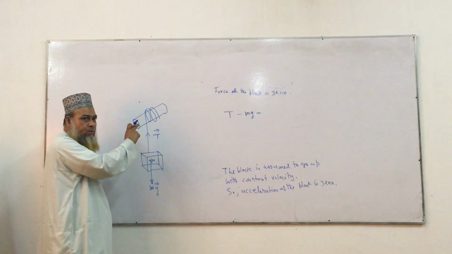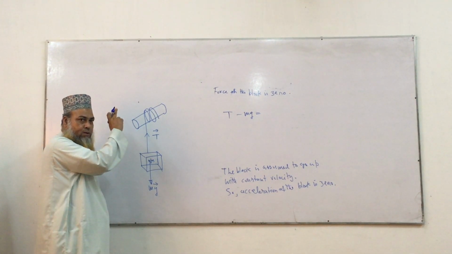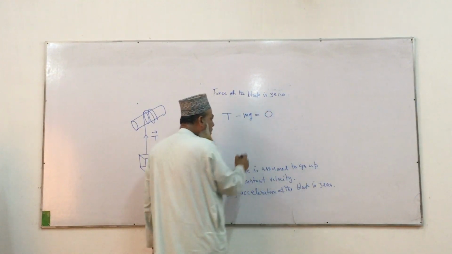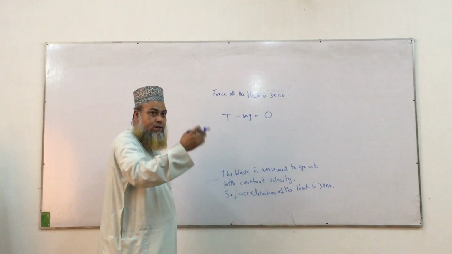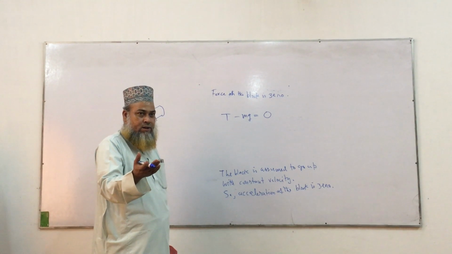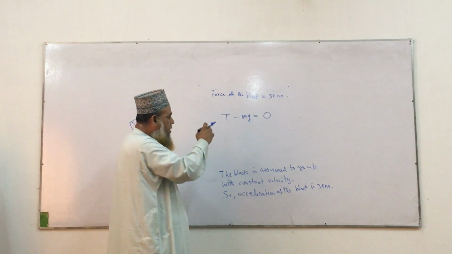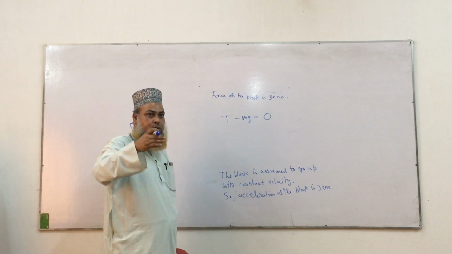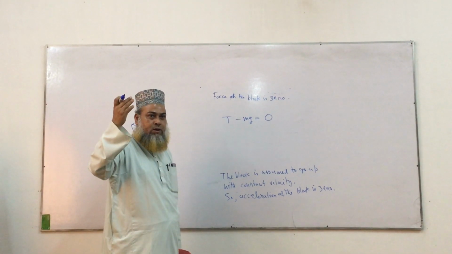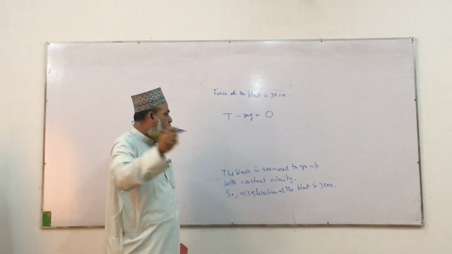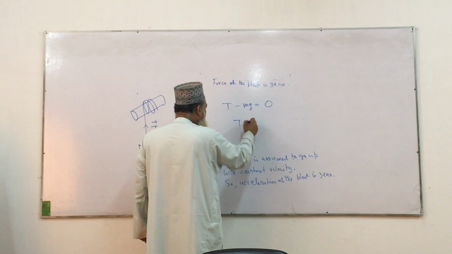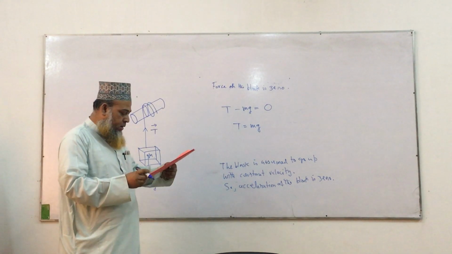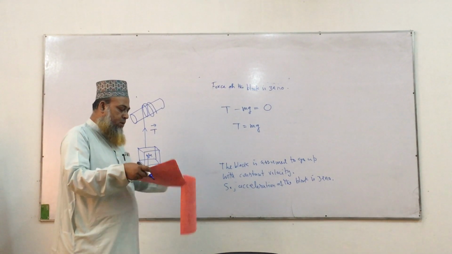The plus sign before T means that T is pointing upward. And the sum of these two is 0. If this is not 0, then there will be acceleration. If T minus mg is 0, there will be no acceleration. The body will go up with constant, uniform velocity. So, next step, we can write T equals mg. Right? T equals mg.